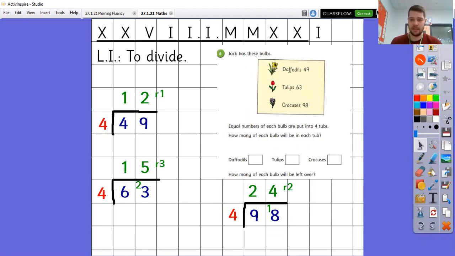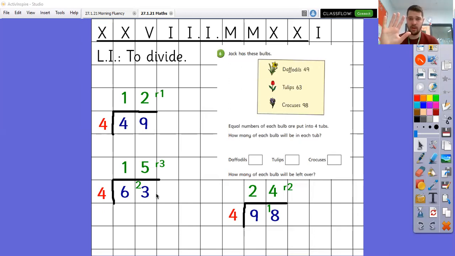Okay, so we had 49 divided by 4. 4 goes into 4 one time, no remainders. 4 goes into 9 2 times, 4, 8, and I have 1 left over. 8 to 9, I need to add 1. 63 divided by 4. 4 goes into 6 once, and to get from 4 to 6, I have a remainder of 2. 4 goes into 23 5 times, 4, 8, 12, 16, 20.